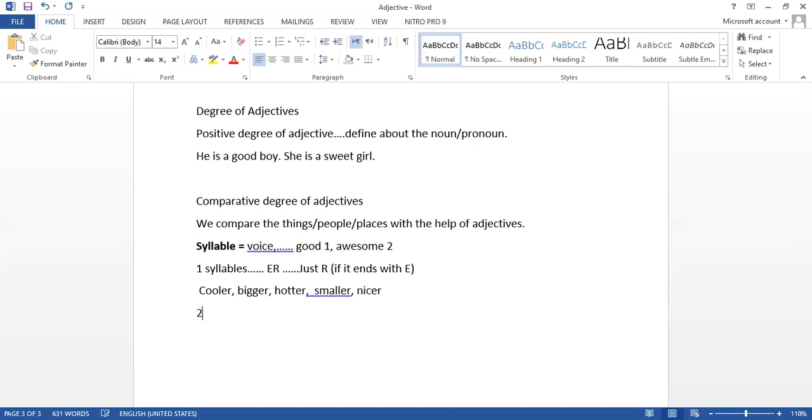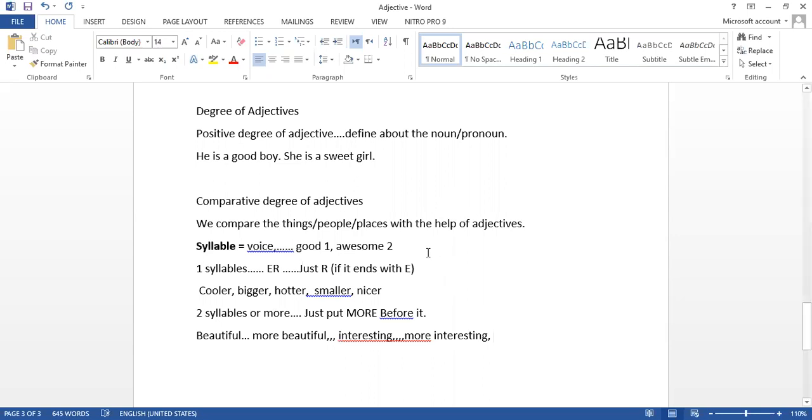Now, if the adjective has 2 syllables or more, then just put more before it. For example, beautiful, you have to make it more beautiful. Or if you say interesting, you have to make it more interesting.